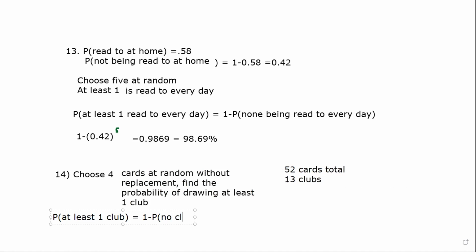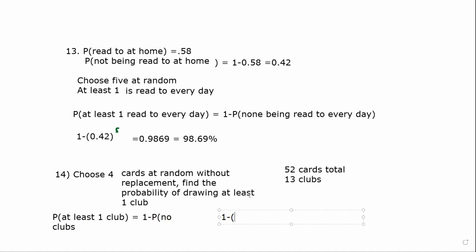But now here's the trick with this. This idea still works, except the probability doesn't stay the same in this case, because once you remove those cards, there's a different number of cards every time. So you could write 1 minus, and I'm going to put some parentheses up here.